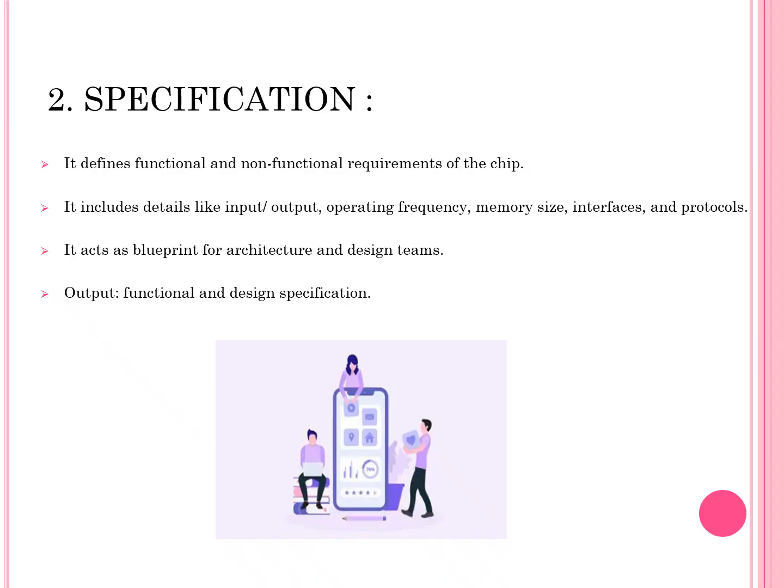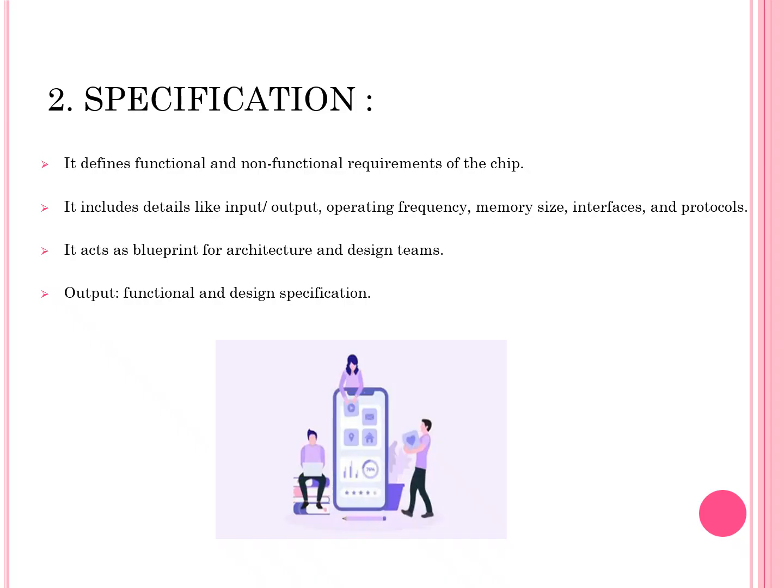Once the concept and feasibility are finalized, the next important step in the VLSI design flow is defining the specifications. This stage clearly outlines both functional and non-functional requirements of the chip. It specifies what the chip should do and under what conditions it should operate.